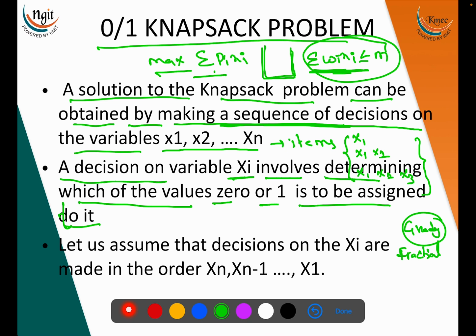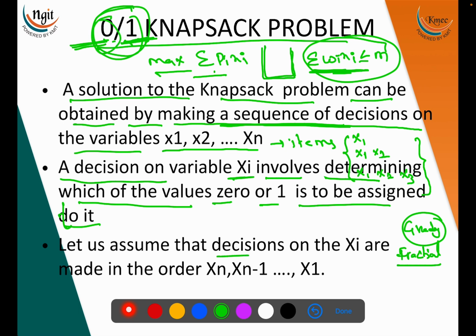In the greedy method, this is the fractional knapsack problem, where we could take even a fractional part of the item to fill the capacity. But in the 0/1 knapsack problem, when you apply dynamic programming, you cannot take a fractional part. You either keep the item or you do not keep the item in the container. That's what we represent with 0/1, that means 0 or 1: the item can be placed, or the item may not be placed.